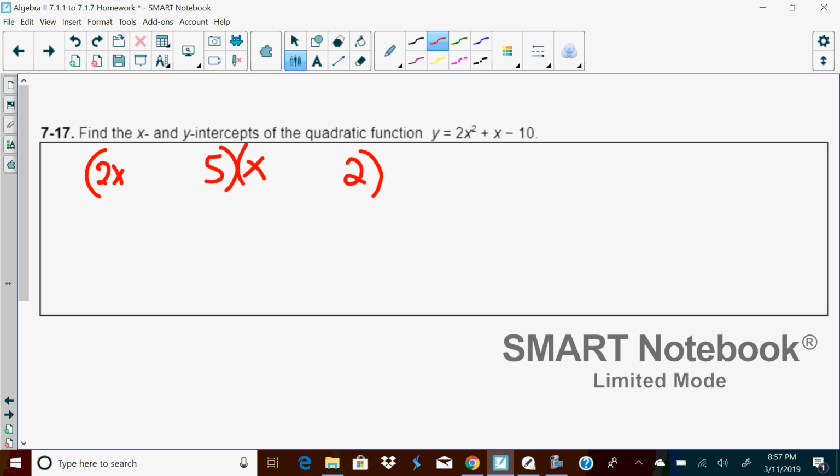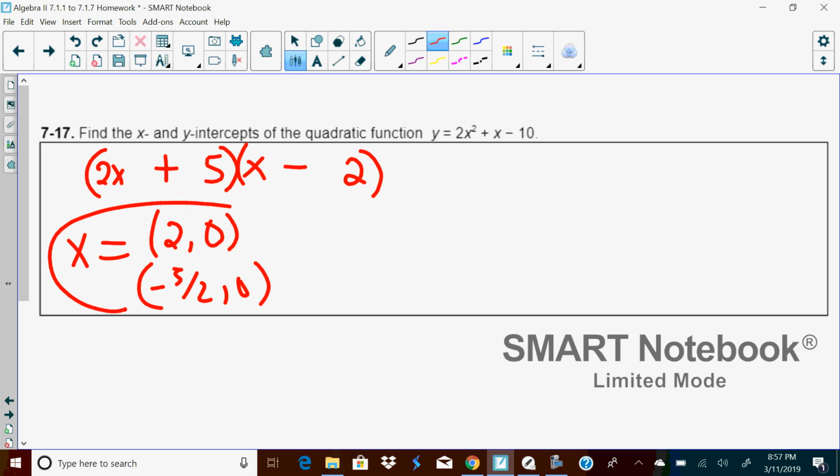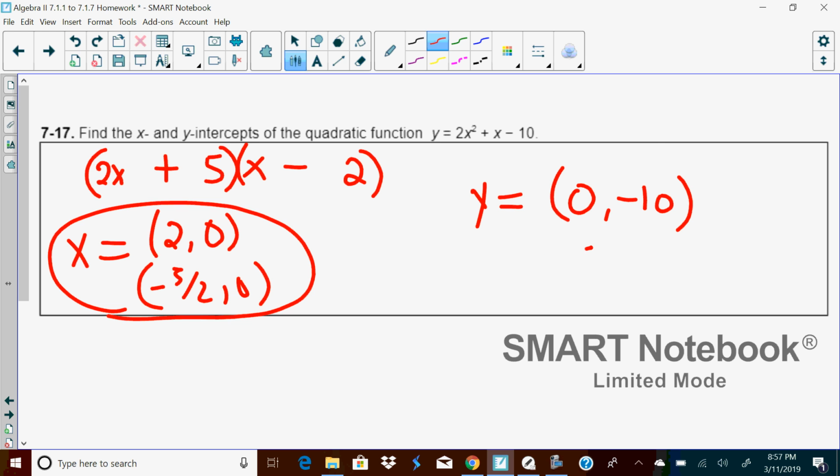And it's going to be a positive 5. So my x-intercepts are going to be (2, 0) and (negative 5 over 2, 0). And then the y-intercept is going to be negative 10. If I plug in 0 for x, I'm left with negative 10.